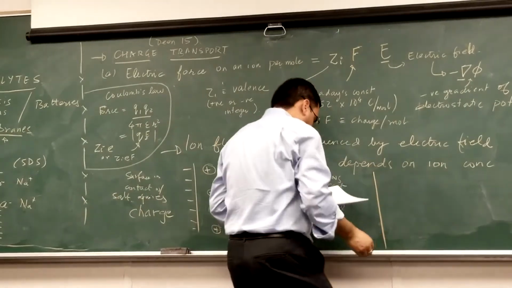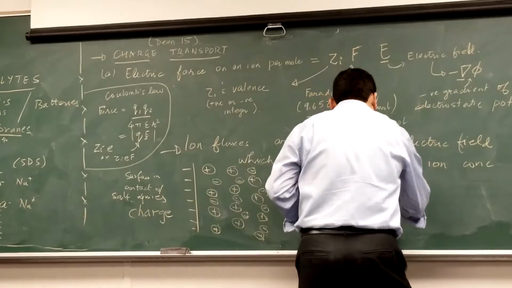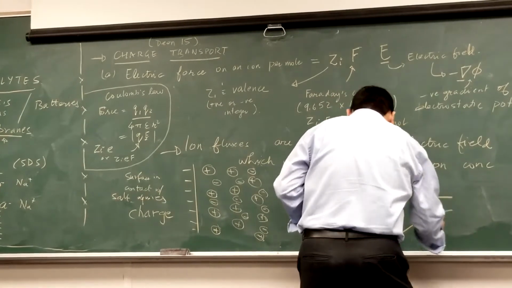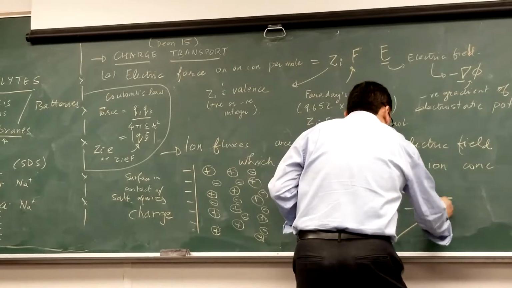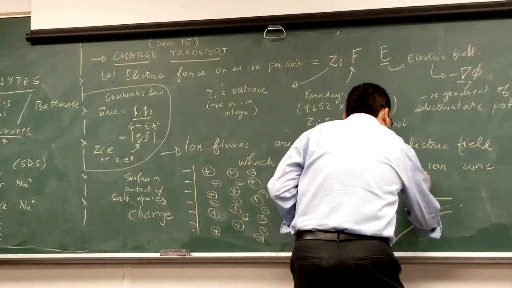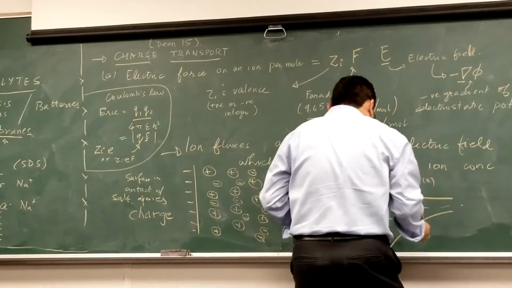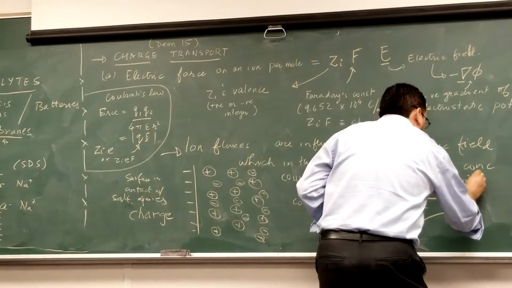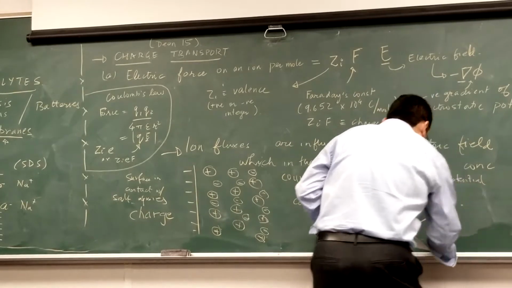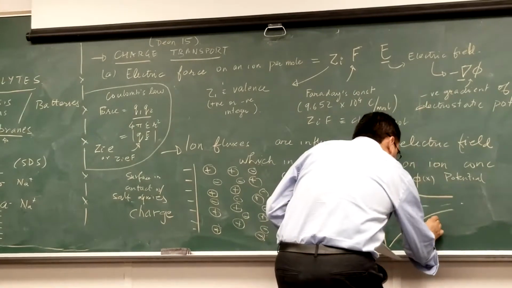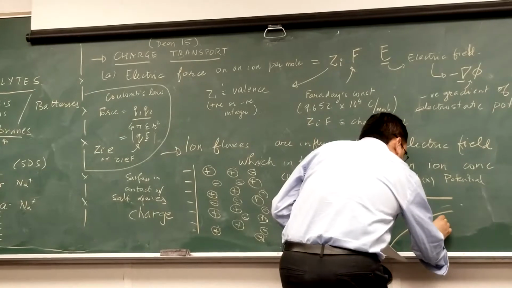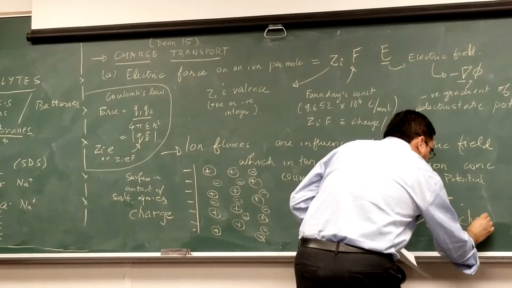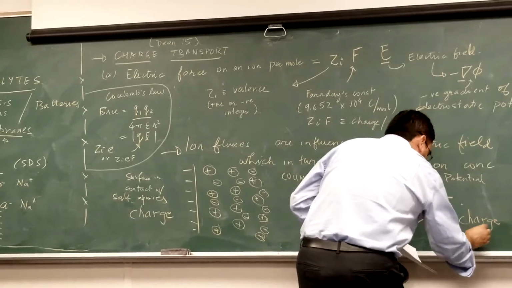What that does is, if I look at the spatial dependence, your potential decays away from the surface, and if I look at the charge density of counter ions, for example, that also decays away from the surface.